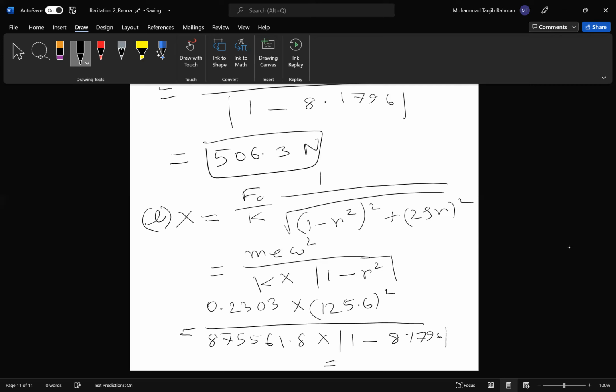So if I calculate, the answer would be 0.006 meter.